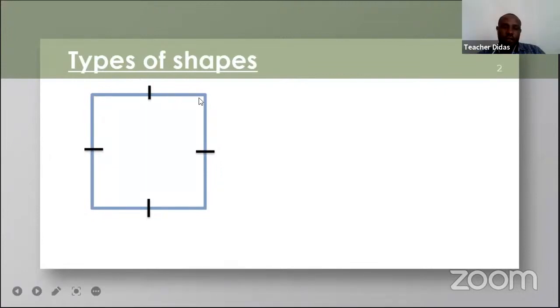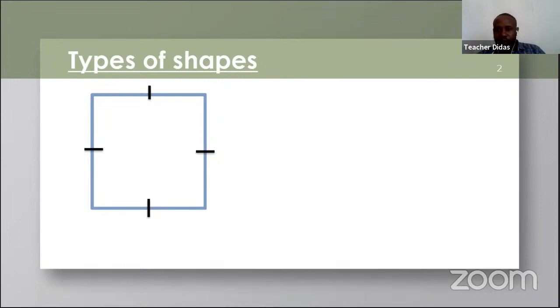What side? Can we count? Yes. We count together. The first side is where? Seems Mary's network is not right.